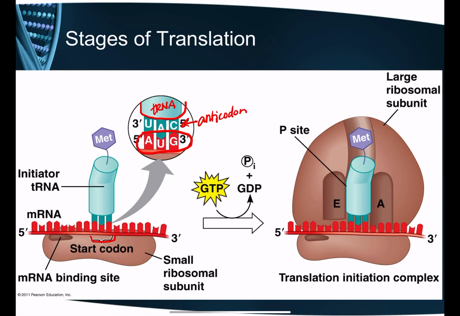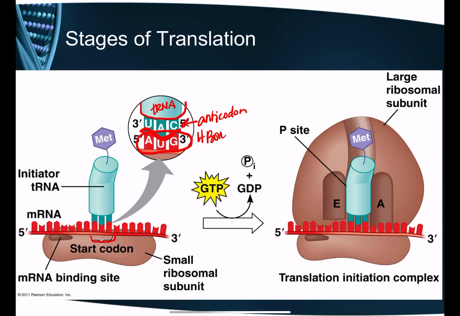And so it comes in here in this A spot first. But actually, since there's nothing in the P spot because it's the first one, it may actually just go ahead and take this P spot. This bond here that's going to happen is a hydrogen bond.